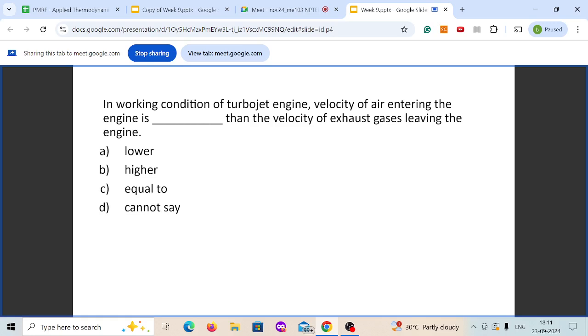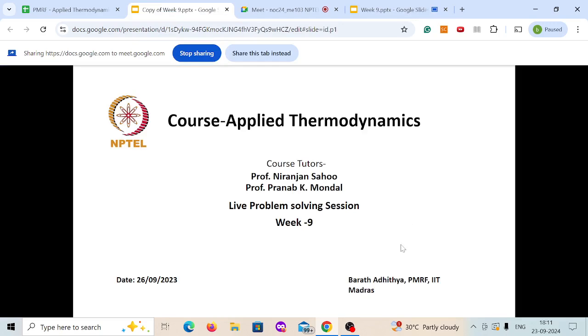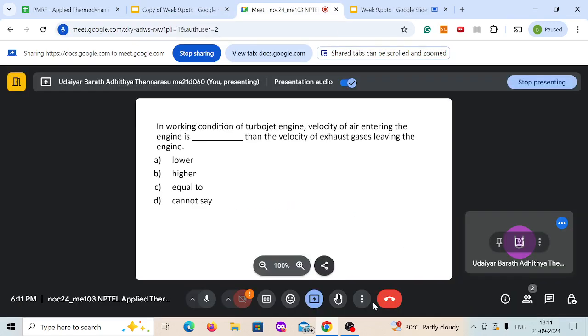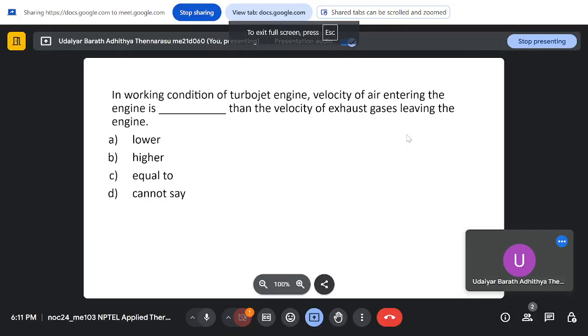Moving on to the next question. In the working condition of a turbojet engine, the velocity of air entering the engine is dash the velocity of exhaust gases leaving the engine. A, lower; B, higher; C, equal to; and D, cannot say. So they are asking, in the turbojet engine, how the velocity of air entering the engine compares to the exhaust gases leaving.